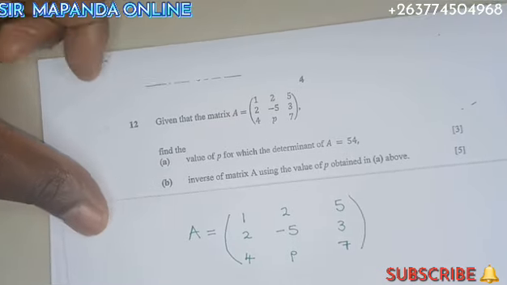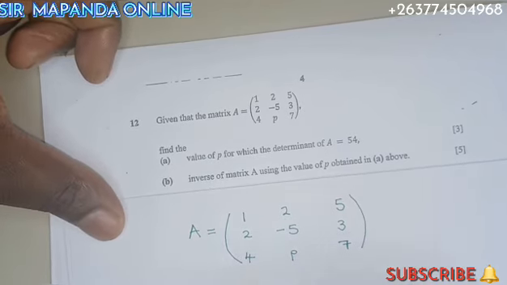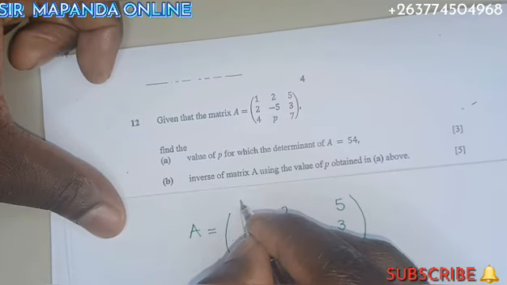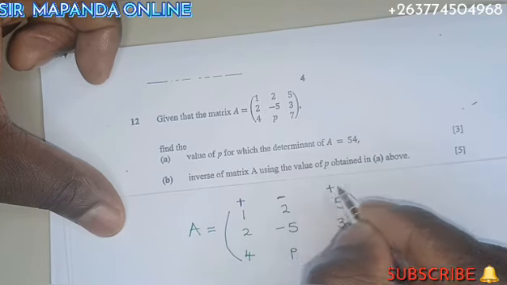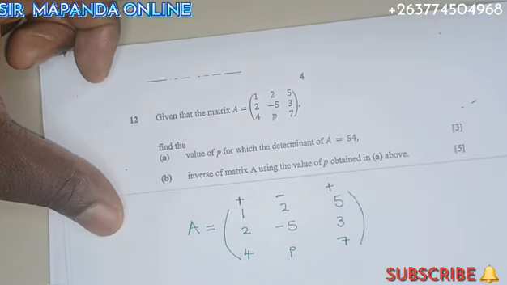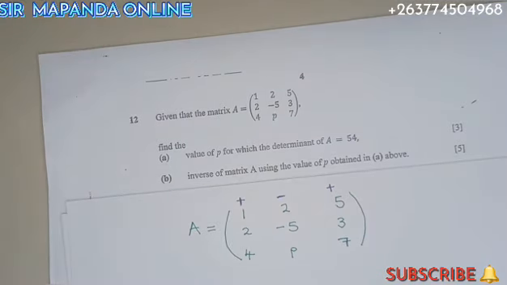So for you to find the determinant, the first thing to do is you put a plus, you put a minus, then you put a plus. A plus on the first column, a minus on the second column, and a plus on the third column. I hope you are following.